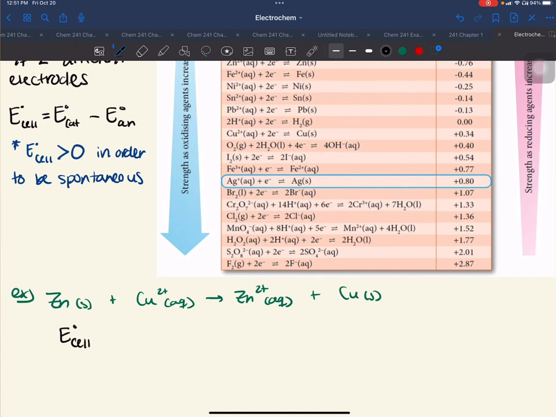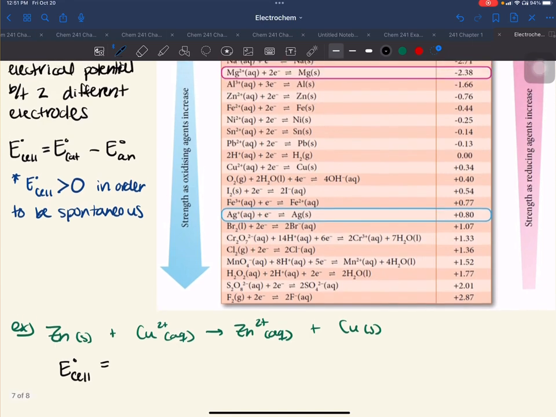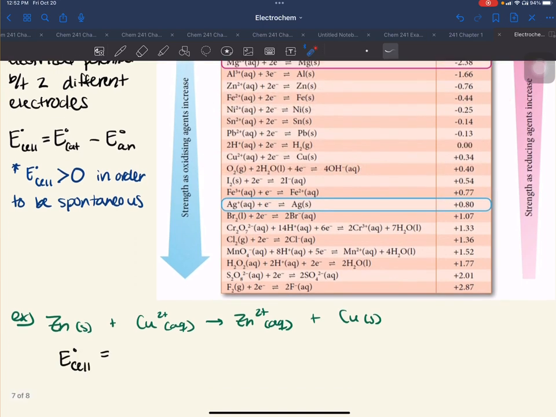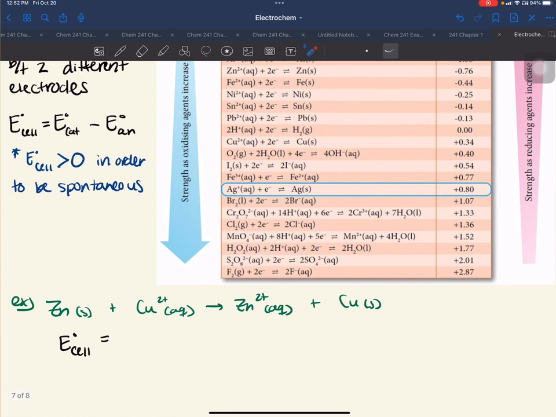Since zinc is being oxidized, it is at the anode, and since copper is being reduced, it is at the cathode. So I can go and find the cell potential of zinc and copper. So it looks like I have zinc right here and copper right here. So I can plug that into my E cell equation. Remember, it's E cathode minus E anode.